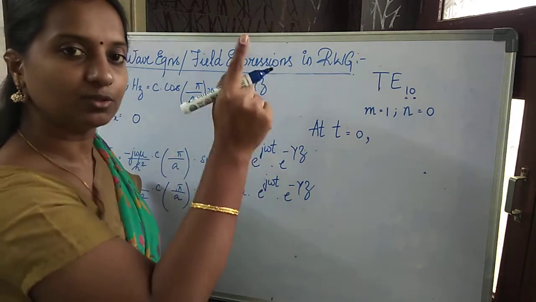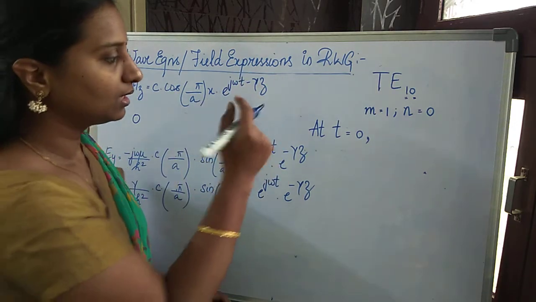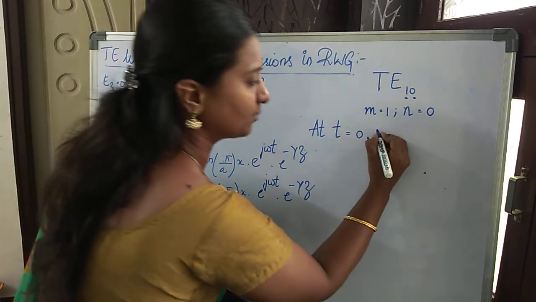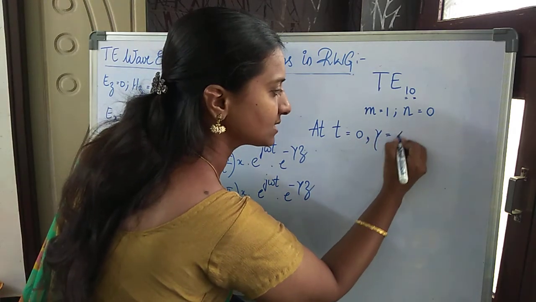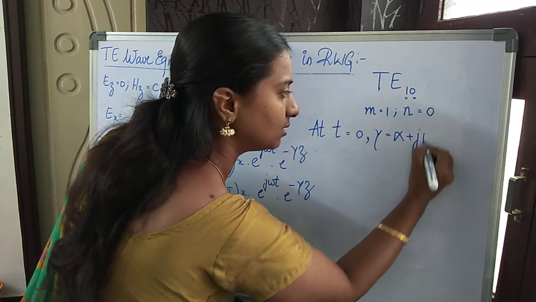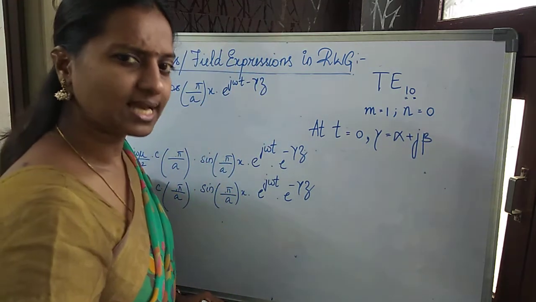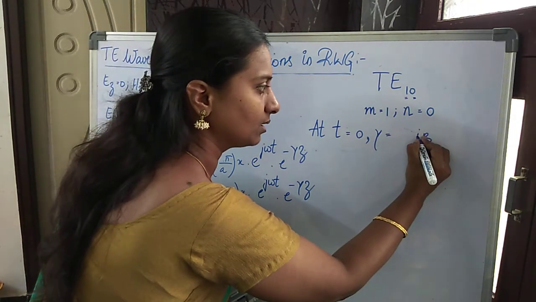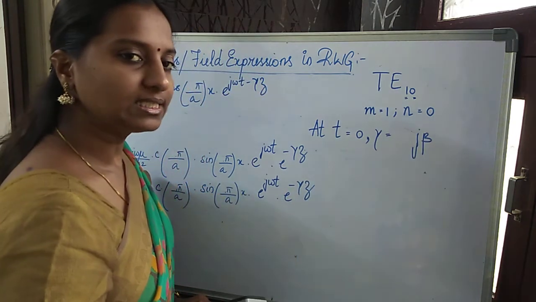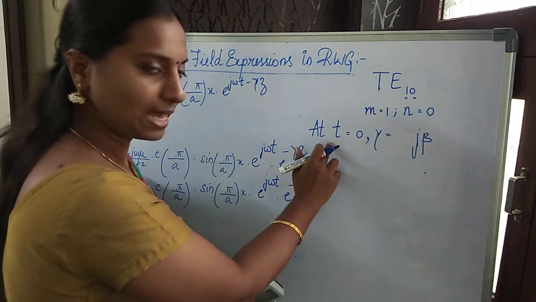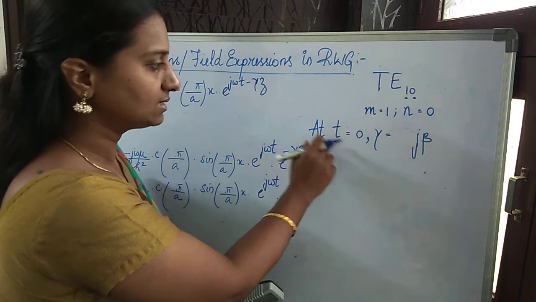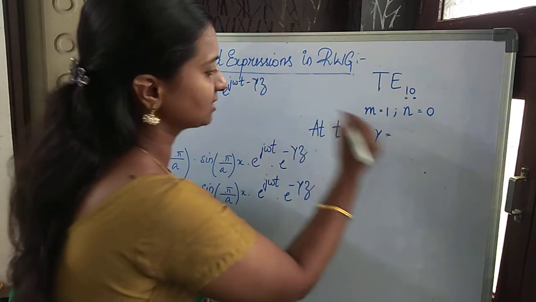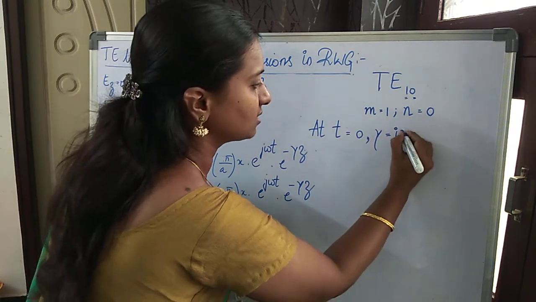When I am starting to send the electromagnetic wave at time instant t is equal to 0, the propagation constant, which is alpha plus j beta, will not have any losses ideally. So I will take this alpha to be 0. I will have only j beta. Okay, so this is happening at the initial time t is equal to 0. So I will consider gamma in these equations to be just j beta.